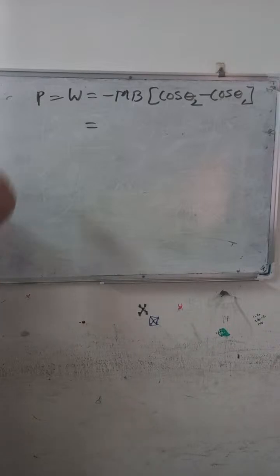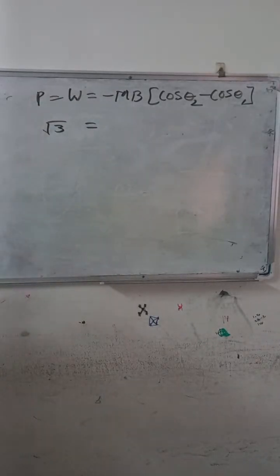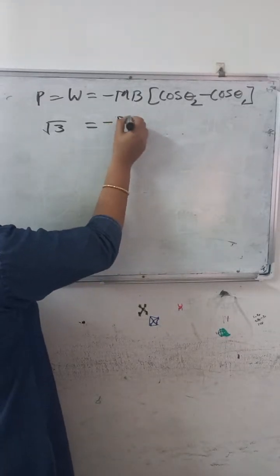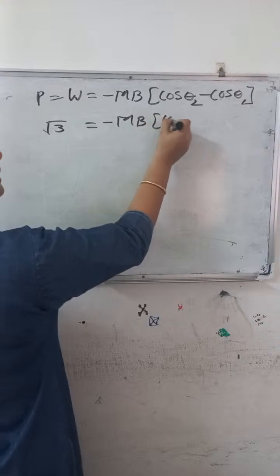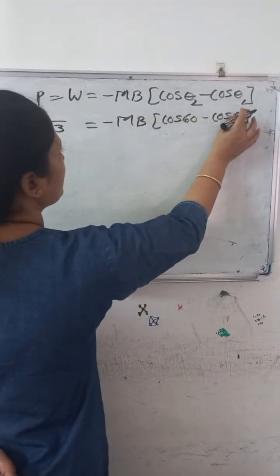So root 3 equals minus MB into cos 60 minus cos 0.